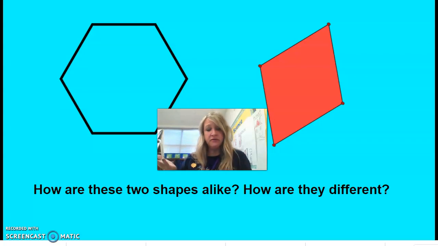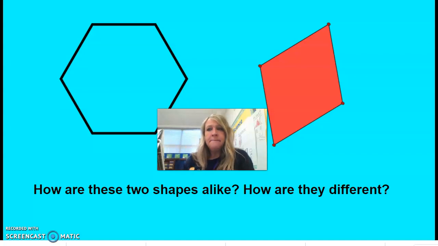They both have straight sides. Do they both have vertices? Yes, they do. Oh, are they both flat? Thumbs up if you think they're both flat. Flat shapes. Yes, they are.